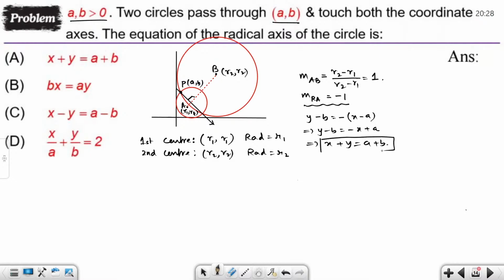Is it clear to all of you? So this is nothing but the equation of the radical axis. Is it clear? Absolutely. Hence option A is correct. So see in this question how we have used the properties of the radical axis to solve this sum. Okay, let's move to the next problem.